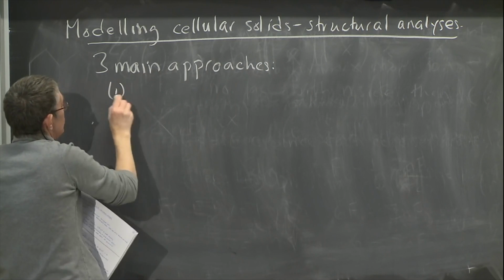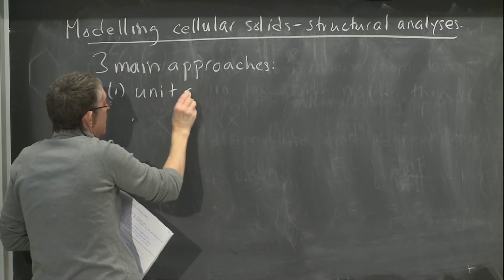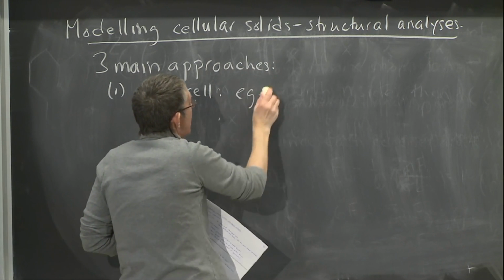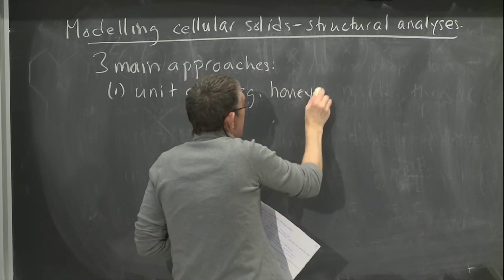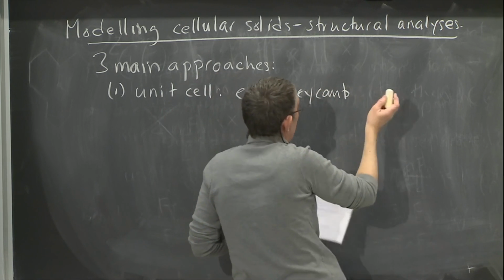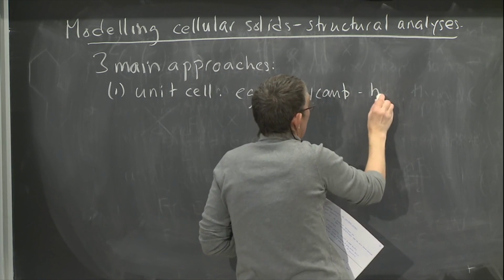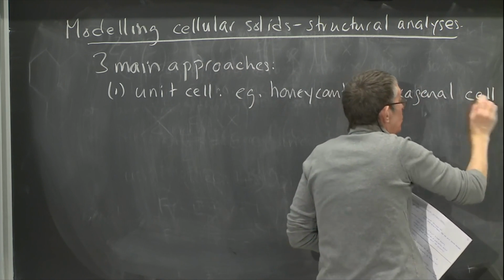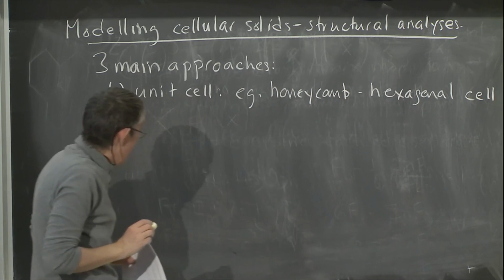The first one is to use a unit cell. So say, for example, for the honeycombs, if you have a hexagonal honeycomb, you would just use that unit hexagonal cell. And that's what we're going to do probably starting later on today.